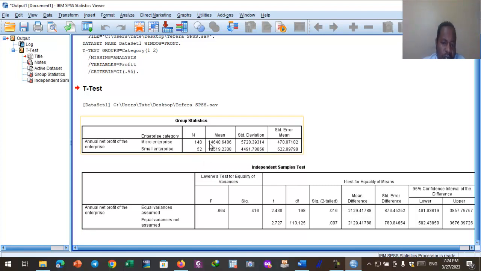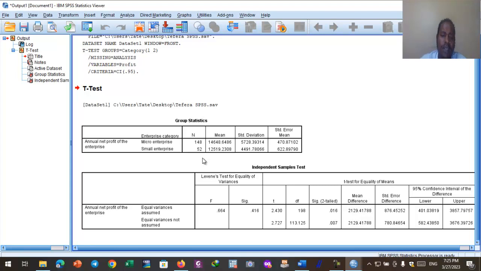Okay, and when you simply observe, there is a difference between 14,000 and 12,000. But our question is whether that difference came by chance, or is due to a statistically significant difference.